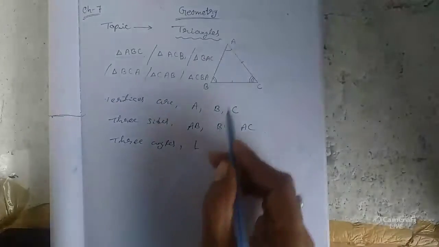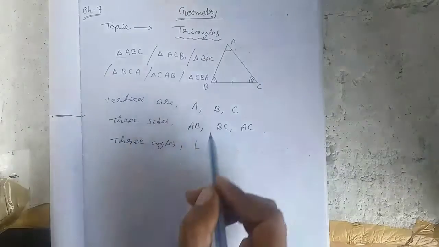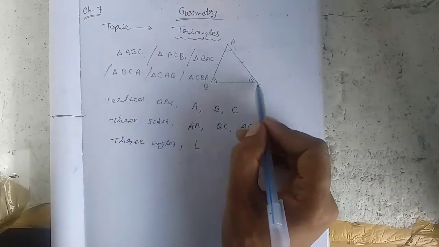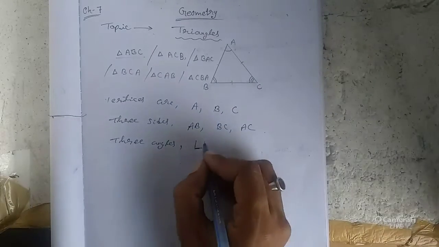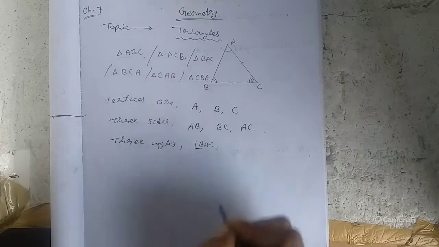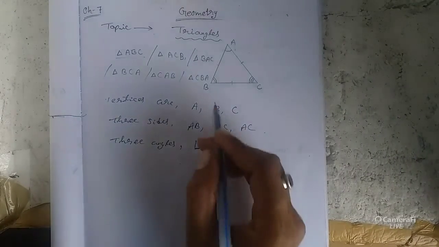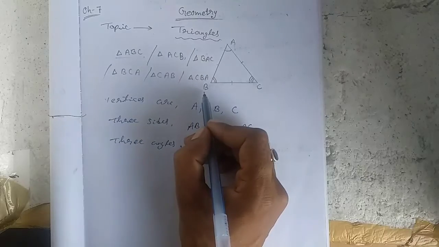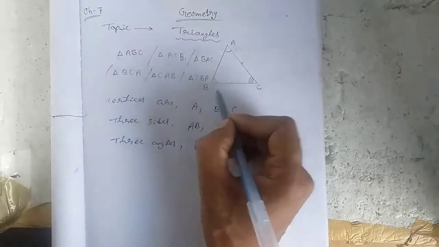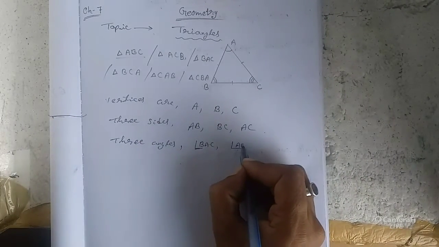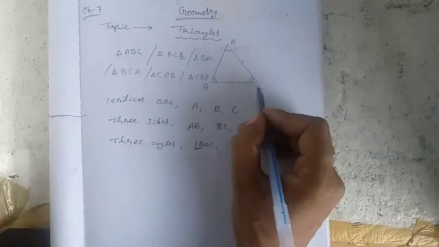Number one, this angle. Here A is the vertex, so the name should be BAC or CAB. Let me give the name BAC, first angle. The second angle is this one, vertex is B, so the name should be ABC, or you can write CBA.